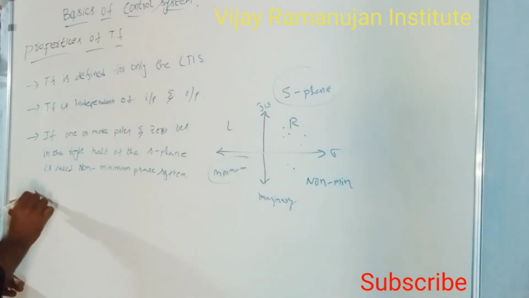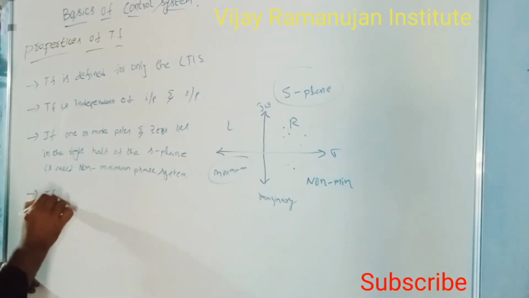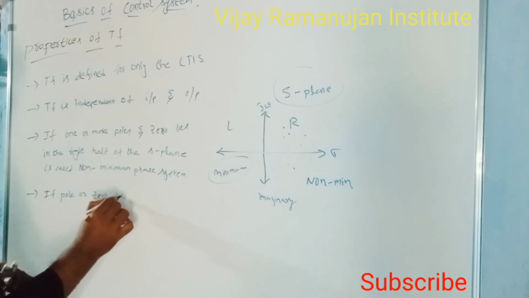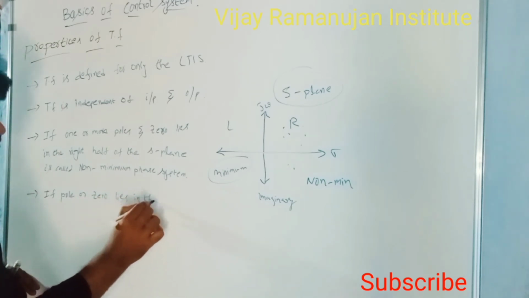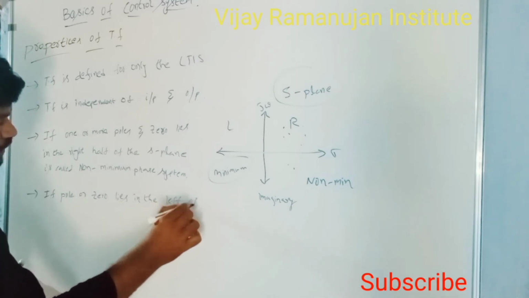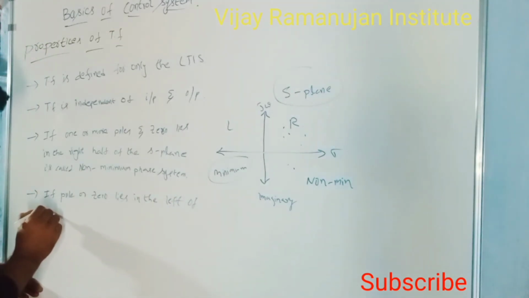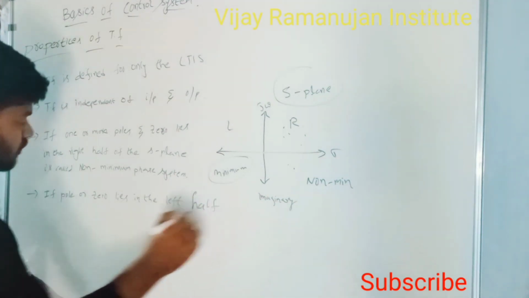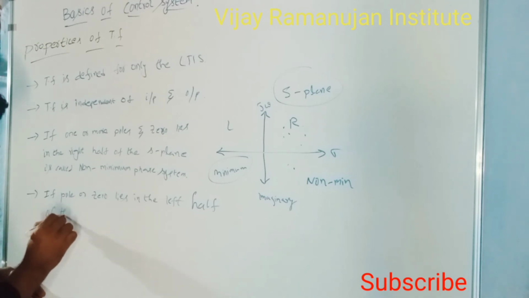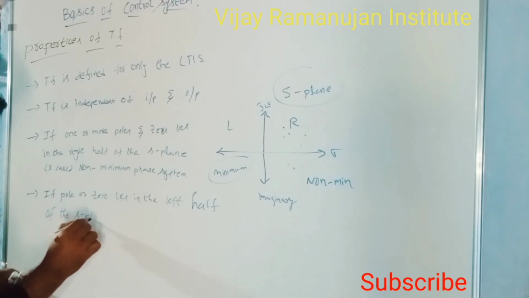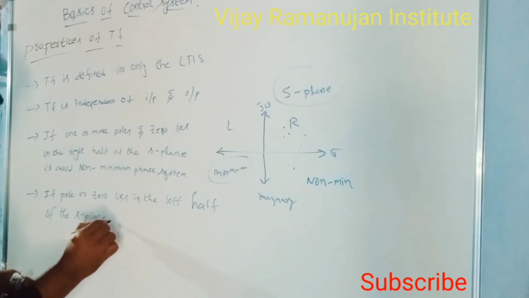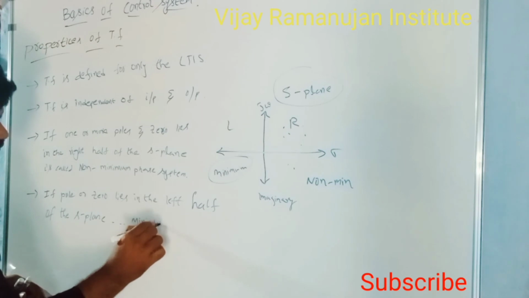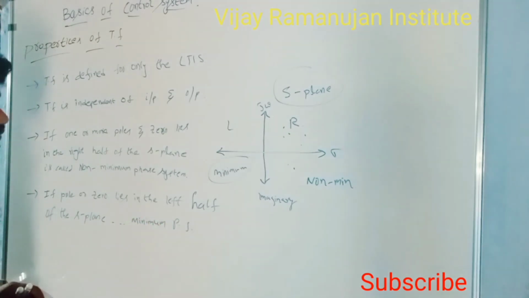Next point. If poles and zeros lie in the left half of the S-plane, then it is called a minimum phase system.